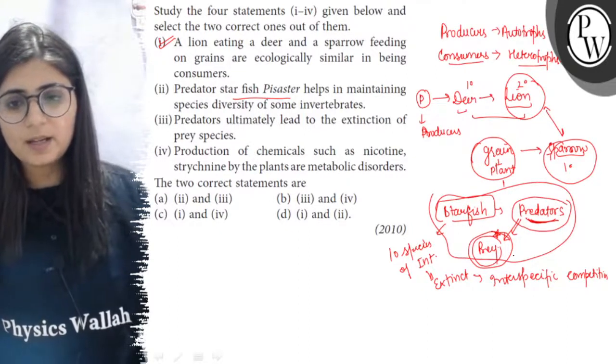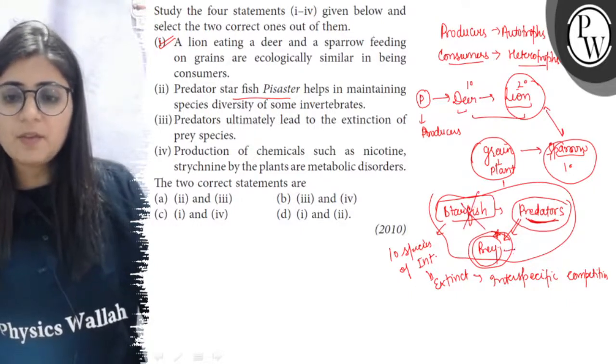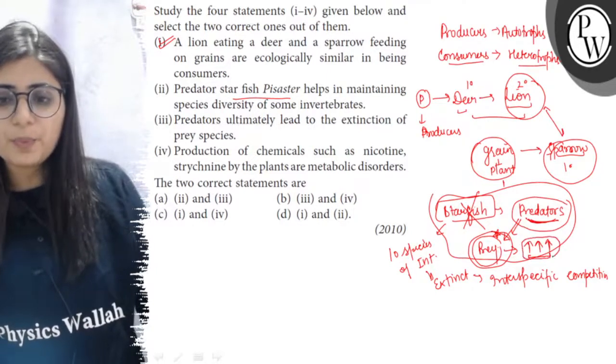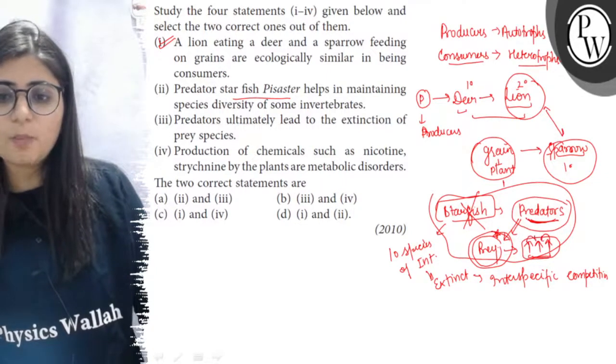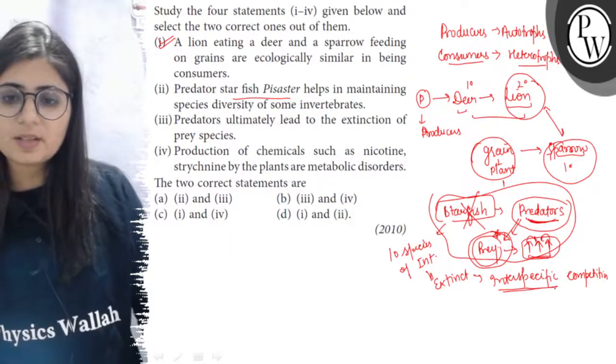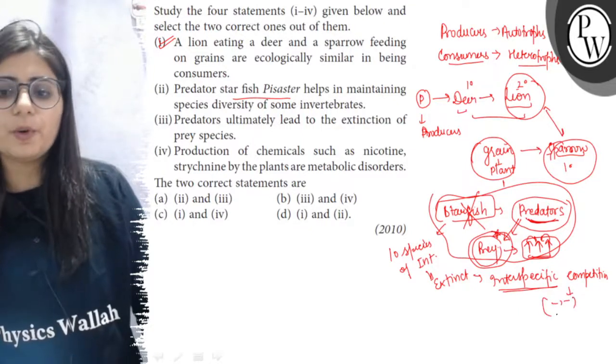Its prey include the invertebrates. But when there is no starfish, its prey will increase their population. And when the population of prey increases, there will be competition among them. If the competition is between two different species, this is called interspecific competition. And competition is harmful for both the species.